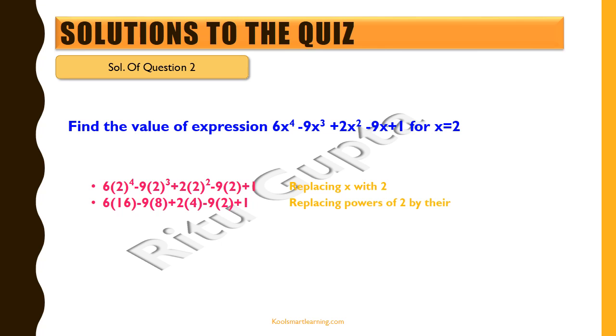So simplifying, we get 6 into 16 minus 9 into 8 plus 2 into 4 minus 9 into 2 plus 1. And that makes it 96 minus 72 plus 8 minus 18 plus 1. And the answer is 15. So option B is the correct answer.